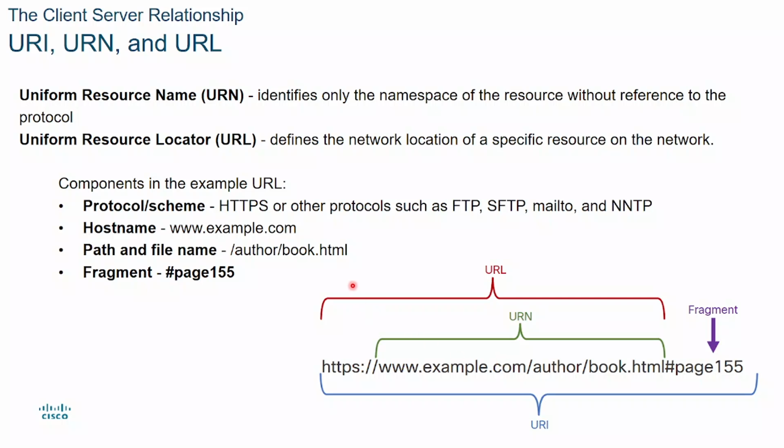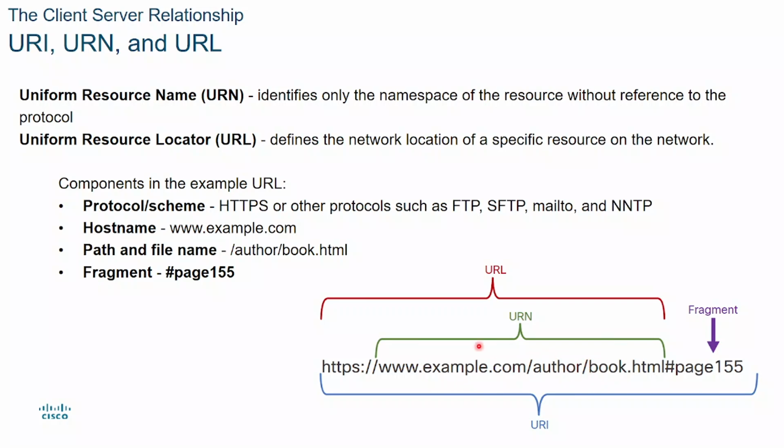We have the protocol or scheme, which can be HTTPS or HTTP, or FTP or SFTP, or mailto or NNTP. Then you have the host name, for example www.example.com. Then the path and file name, which is the path of that particular page within that host, so we have author/book.html.